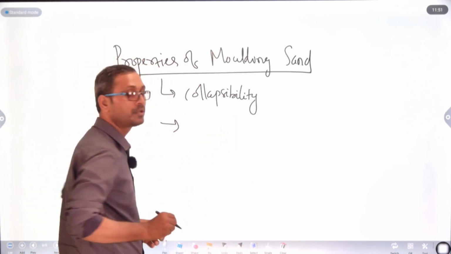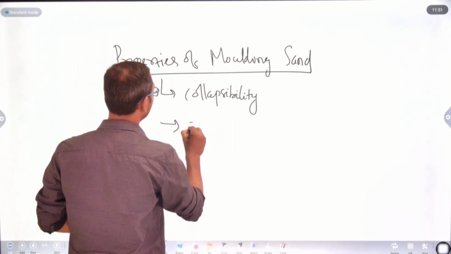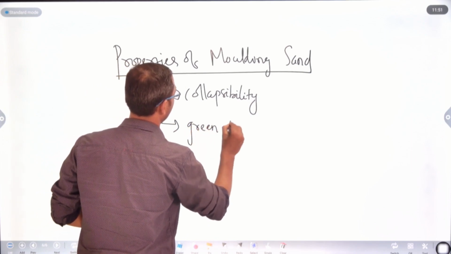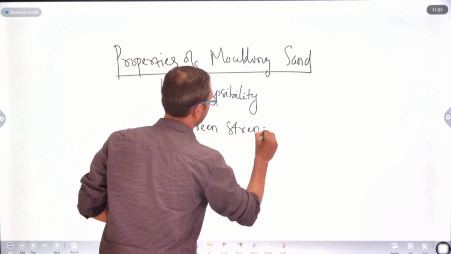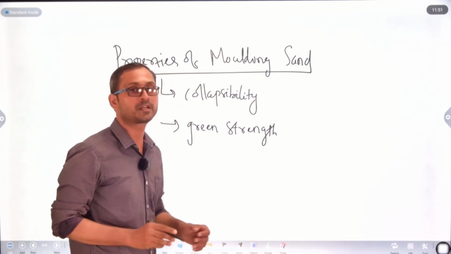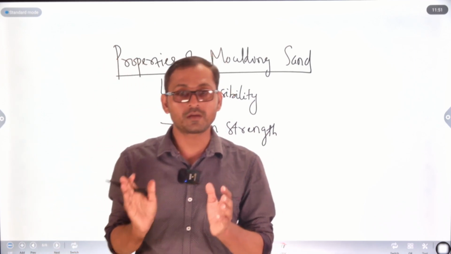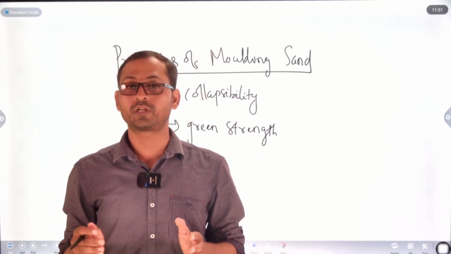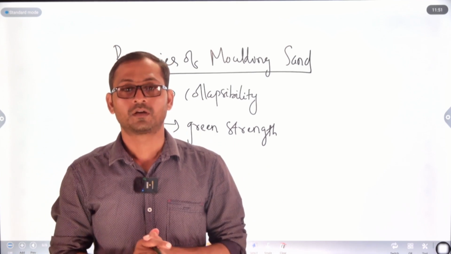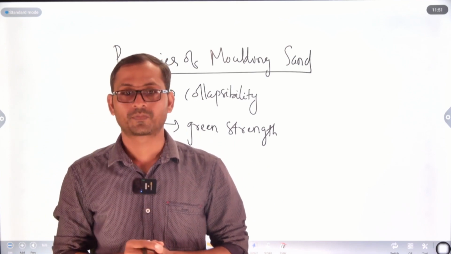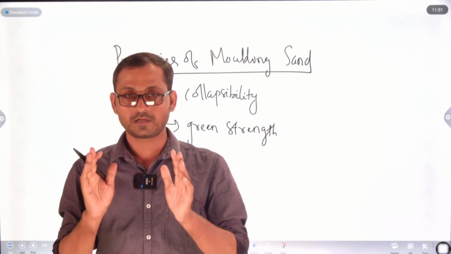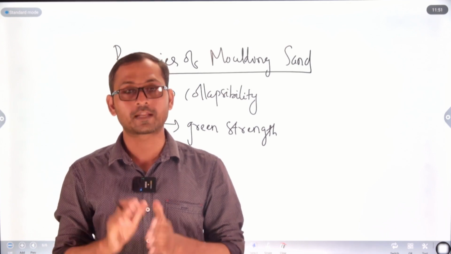Then comes your green strength. So what is green strength? In the molding bed, the bed we prepared with the help of base sand, if the sand has moisture, it is called green state.